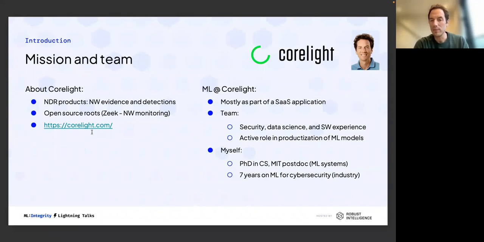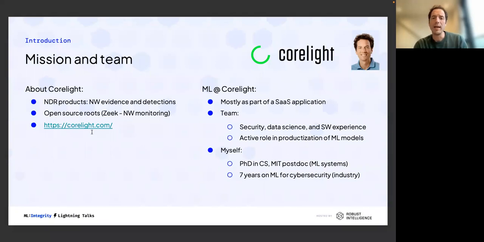And we need software experience to be able to take those models from prototypes into production. So we have that mix of experience, and we have a very active role in that space, as well as in the monitoring and maintenance, as we will see in this presentation.